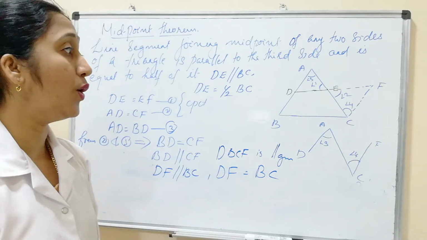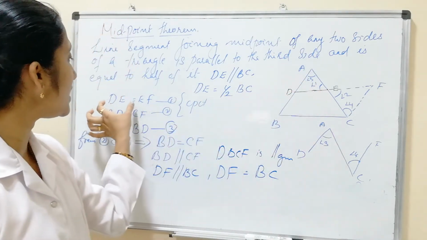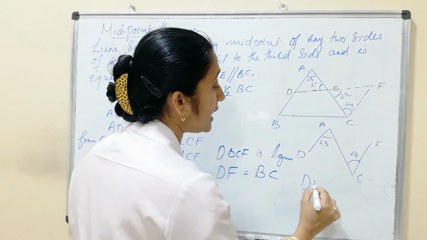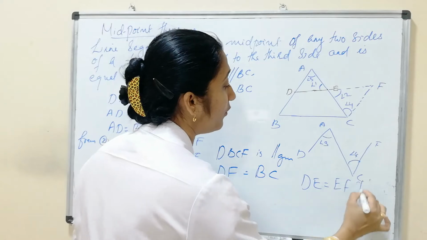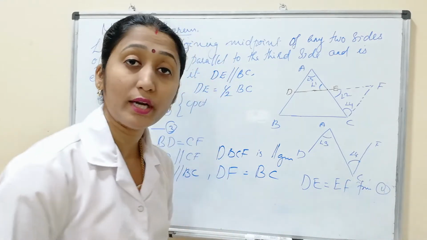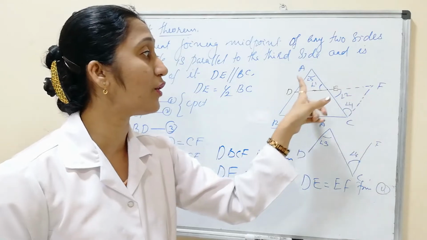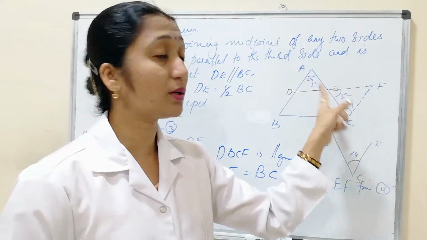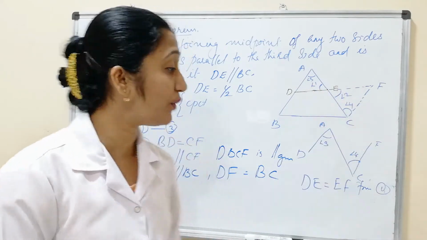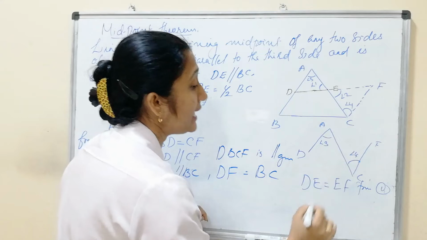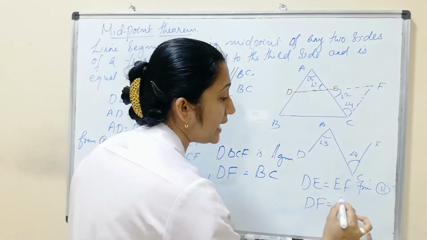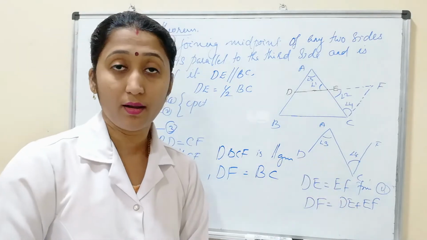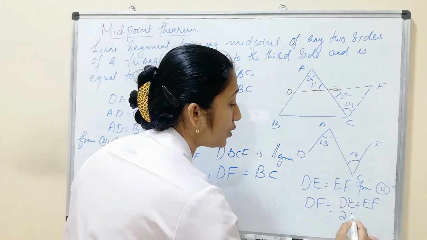We already proved DE equal to EF from 1, corresponding sides of the two congruent triangles. So DF equals DE plus EF, both are equal, so DF equals 2DE.